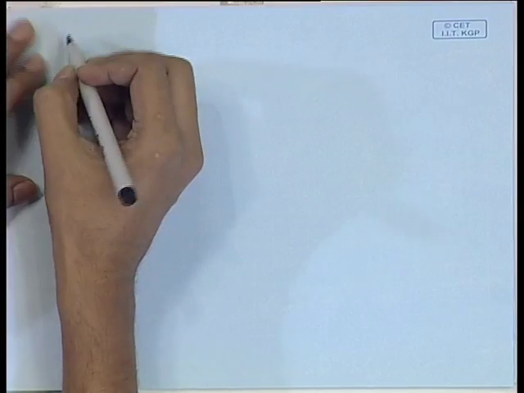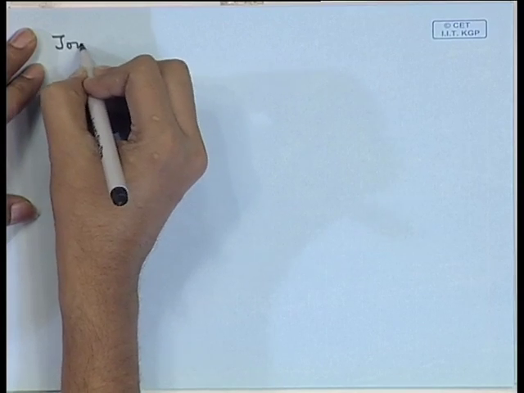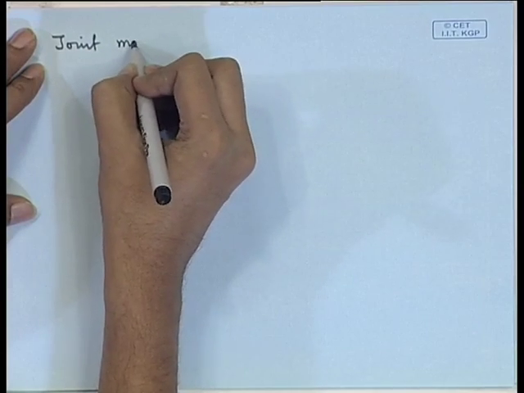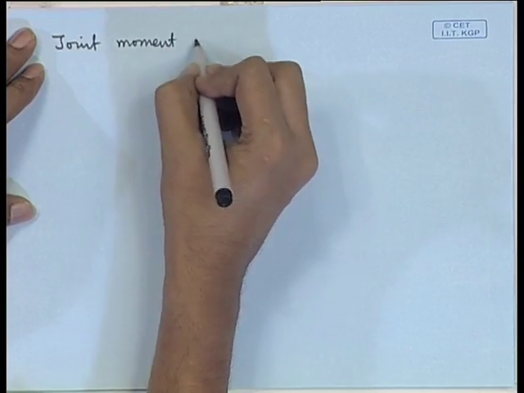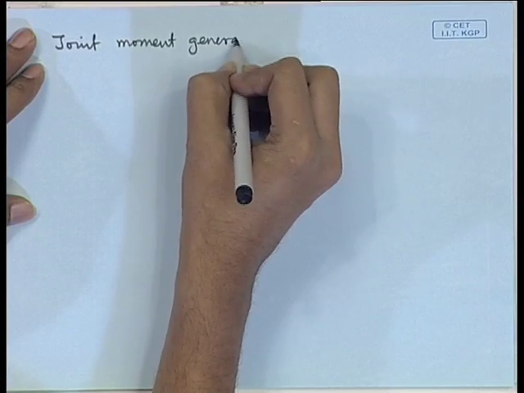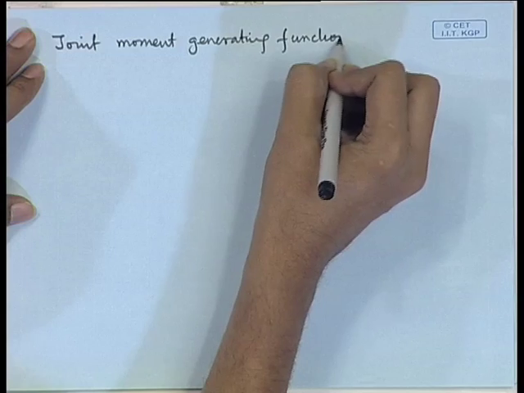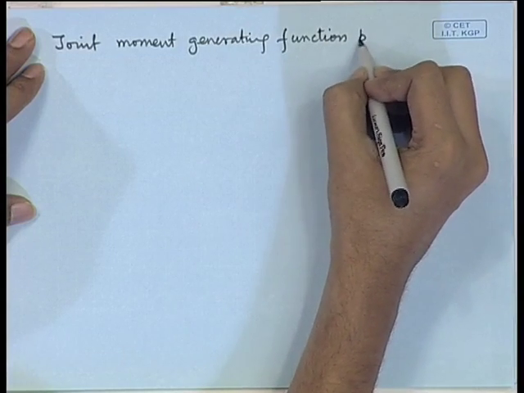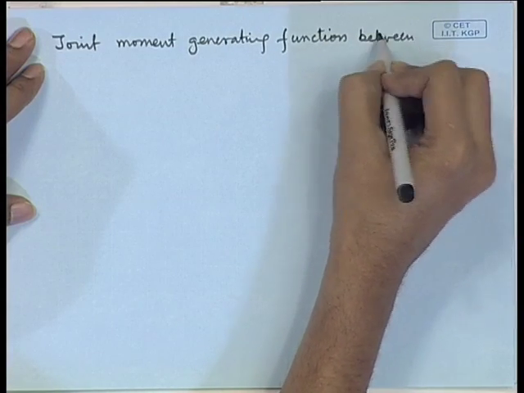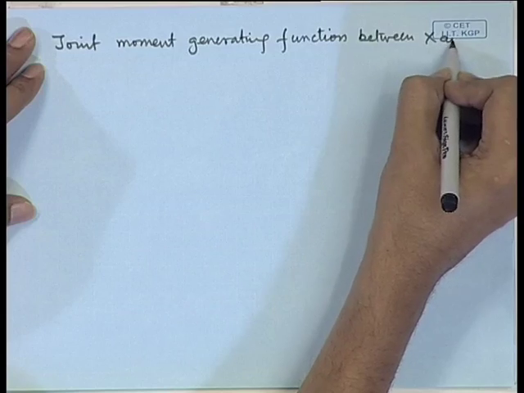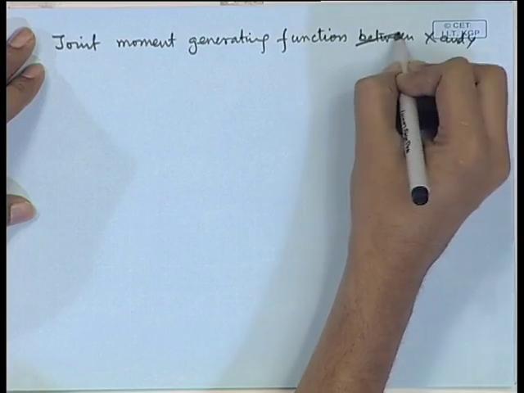We also introduce the concept of the joint moment generating function between the random variables x and y as follows. Joint moment generating function of x and y.